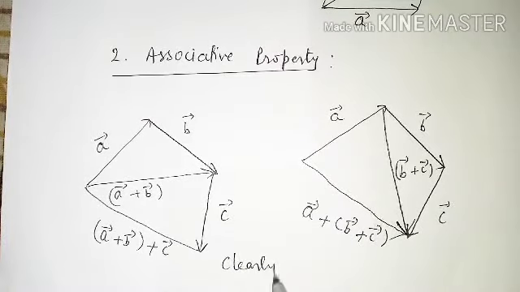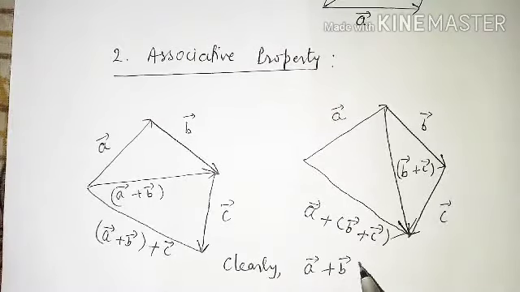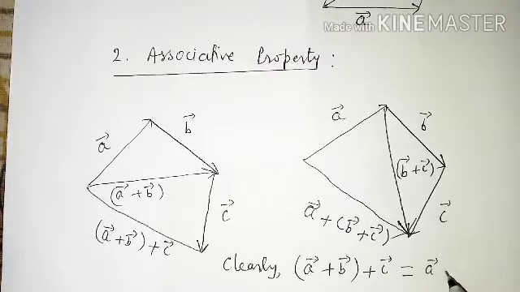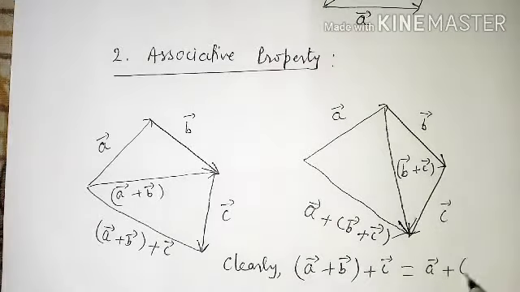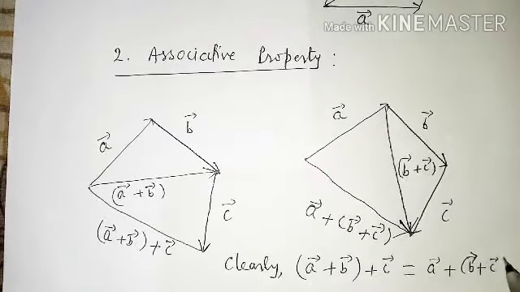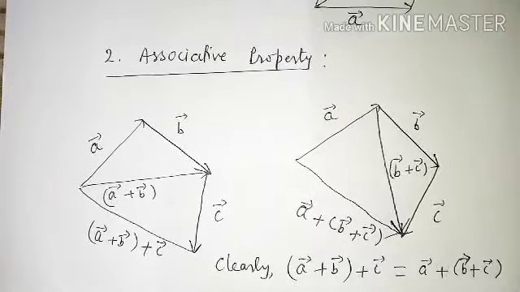Clearly the addition of first two vectors with the last one is equal to the addition of first vector with the last two vectors. So vector addition follows associative property.